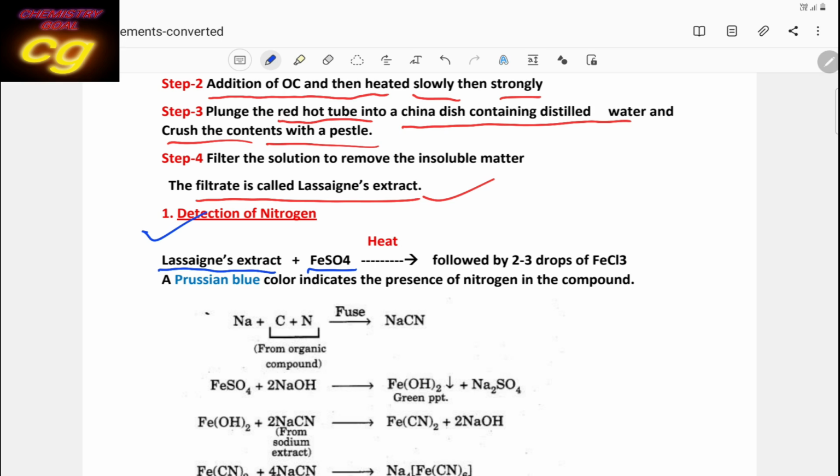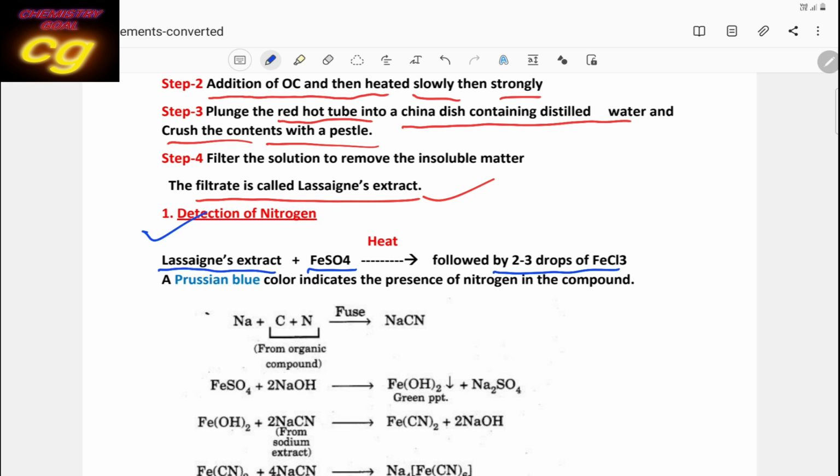Then after adding ferrous sulfate solution, the solution will be heated. During heating, we will add 2-3 drops of ferric chloride solution.